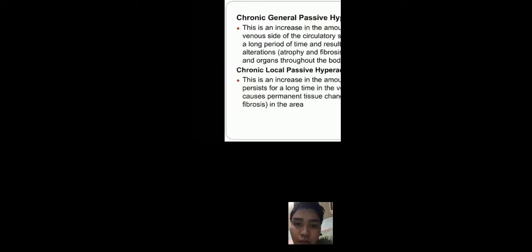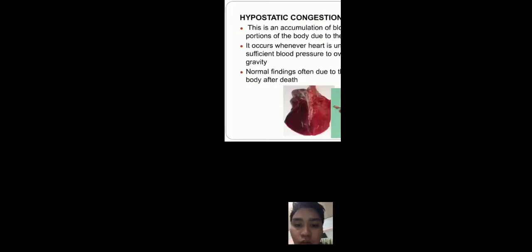General passive hyperemia can affect a large area in the body. It then can affect the organs and tissues permanently, while chronic local passive hyperemia only affects specific areas.